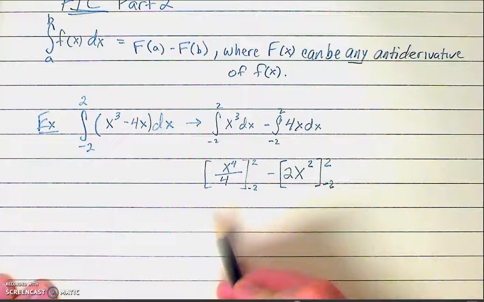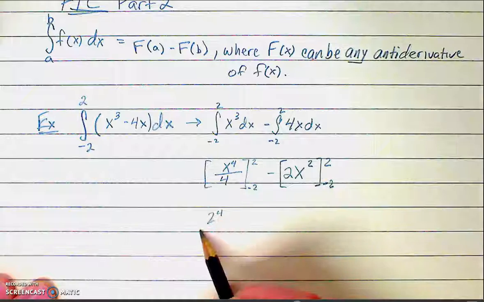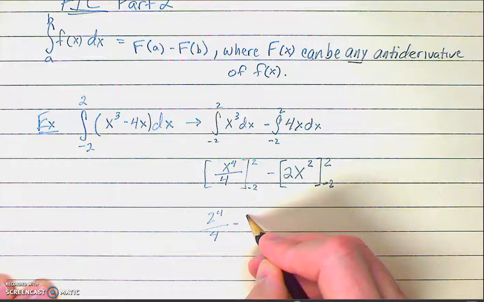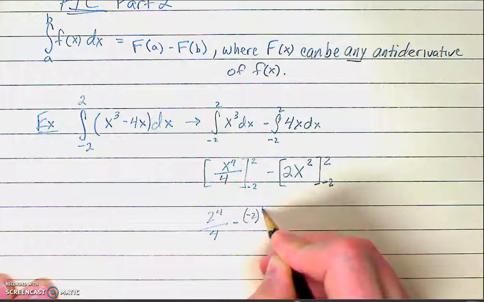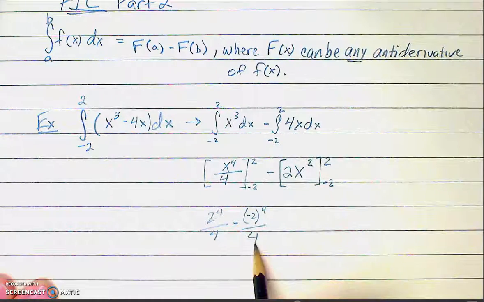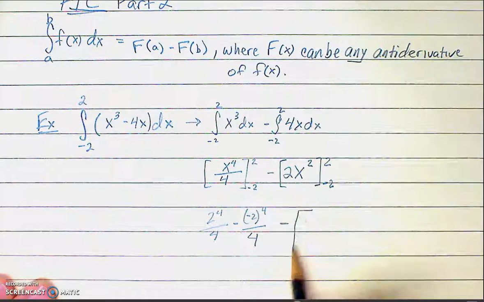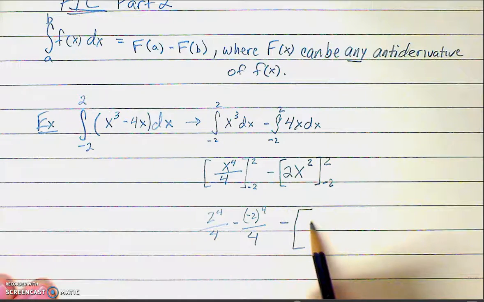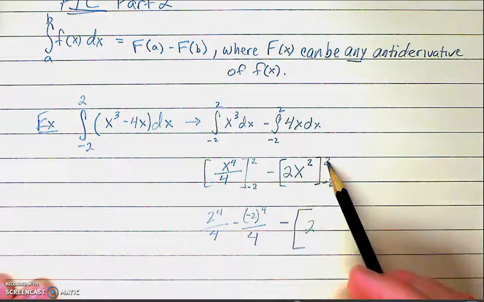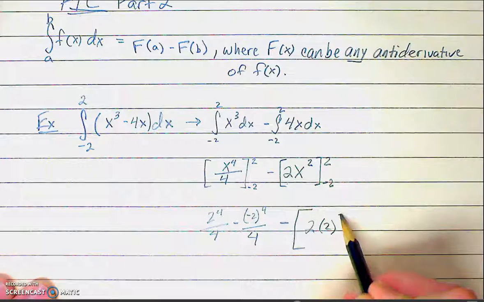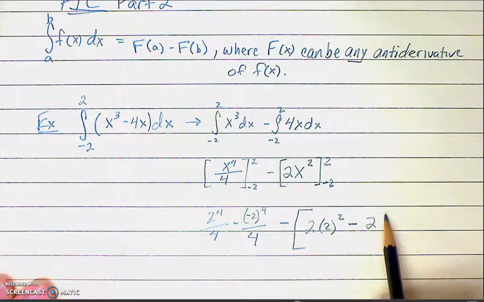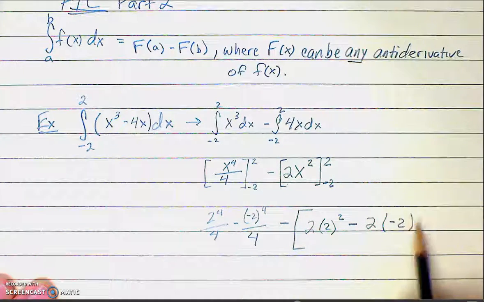So what this means is we go ahead and we go 2 to the 4th divided by 4 minus negative 2 to the 4th divided by 4, minus 2, and instead of x we have 2 squared, minus 2 times negative 2 squared.